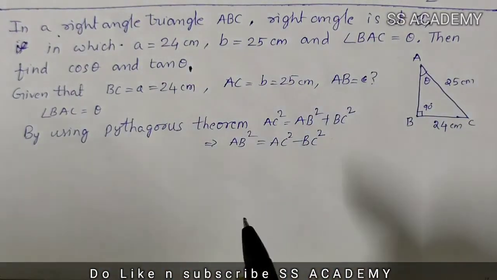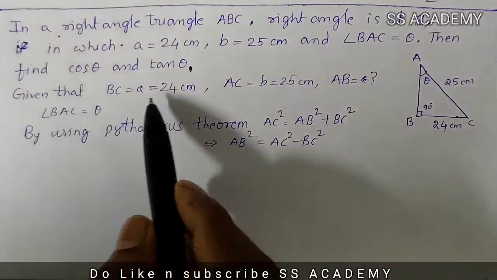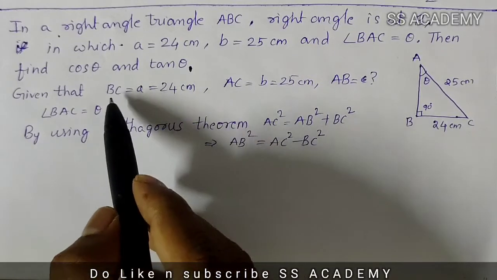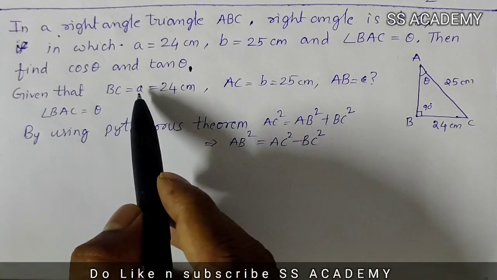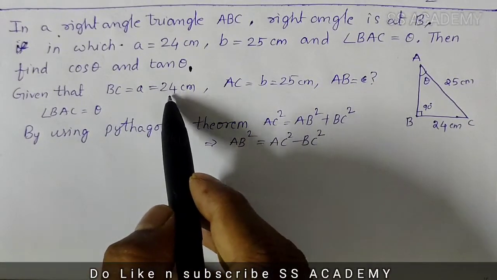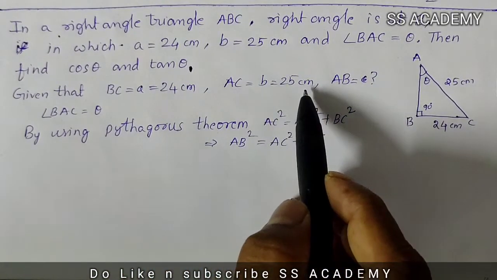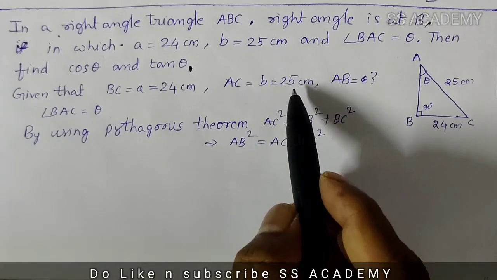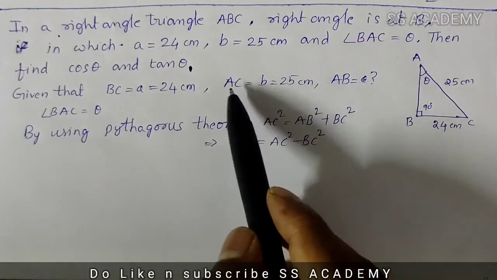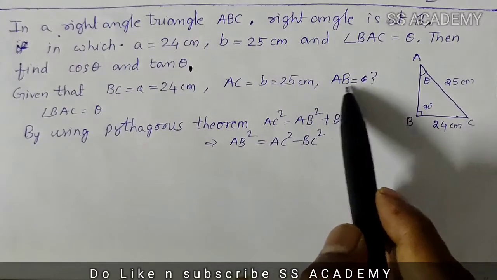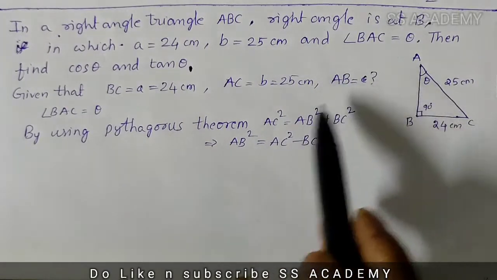Small a equals 24 centimeters, which means side BC equals 24 centimeters. Small b equals 25 centimeters, which means AC equals 25, and we need to find AB.